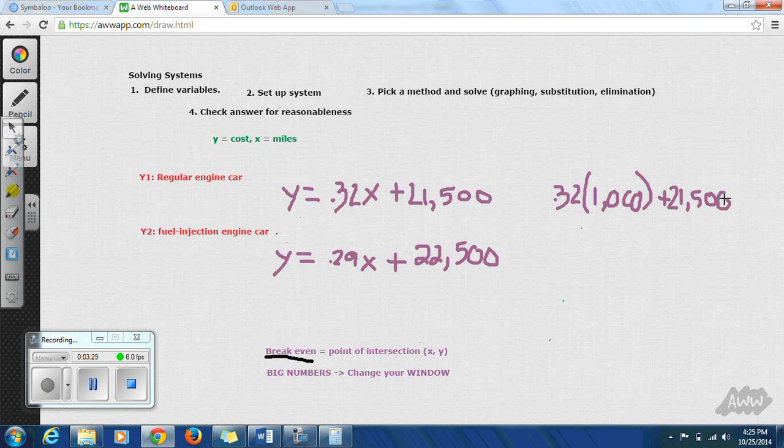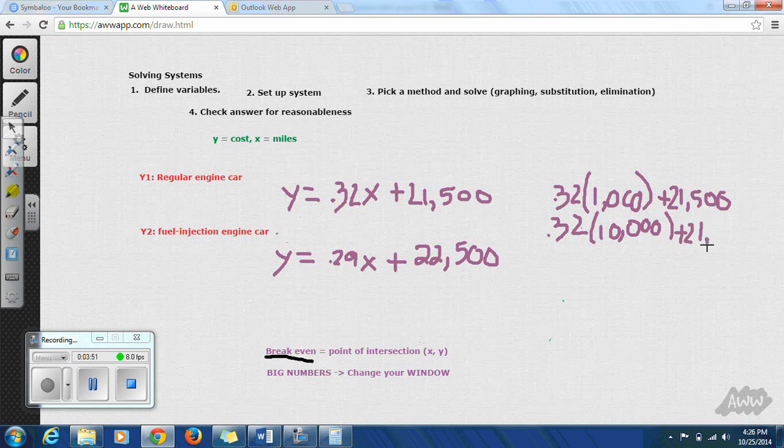When you get that answer, that's your first one. Then for the second one, do the same thing. 0.32, this time it's 10,000 miles. Still adding 2150 to it.